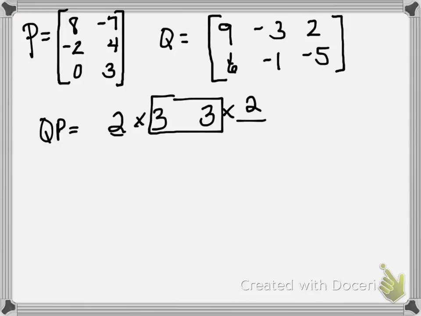So let's do that. I've got 9 times the 8 plus 6 times the negative 7.